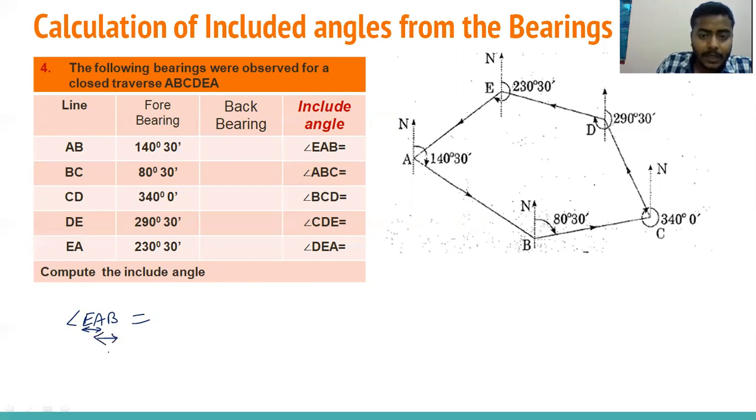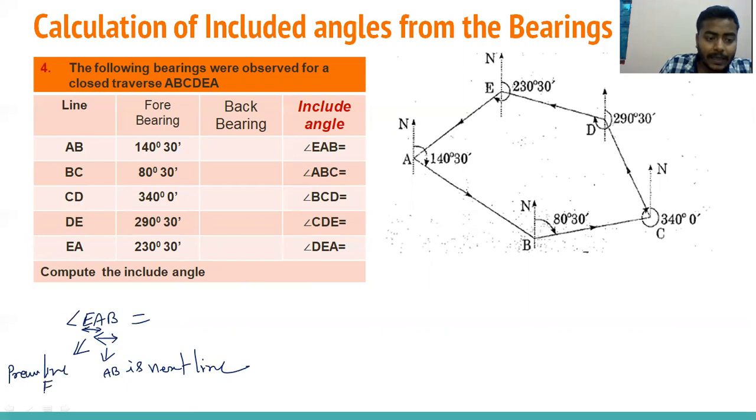So what will be the next line in this case? The next line will be AB, and the previous line would be EA. All right, you have to think.